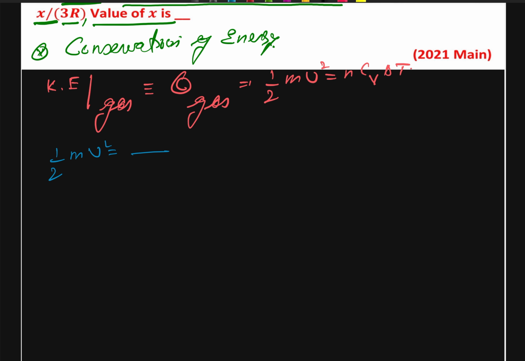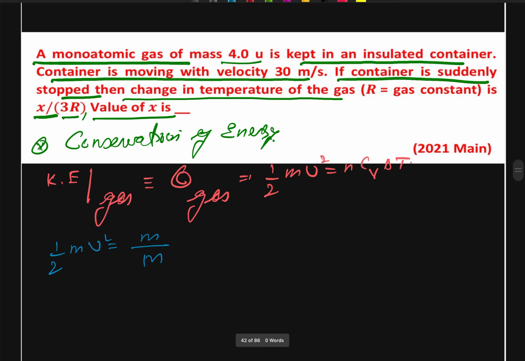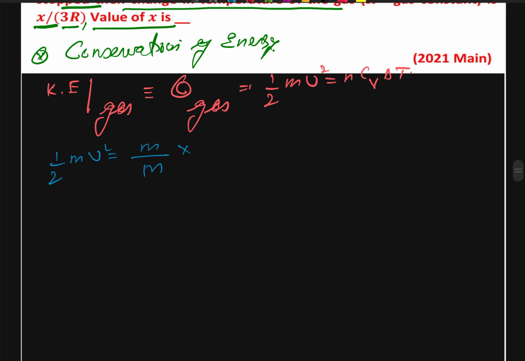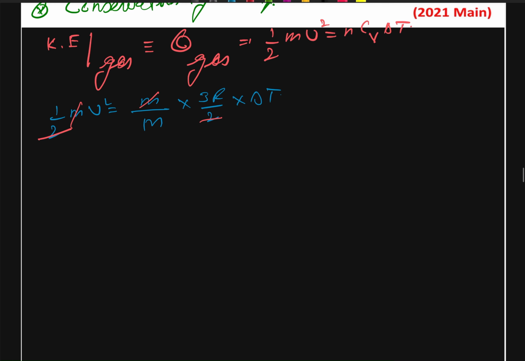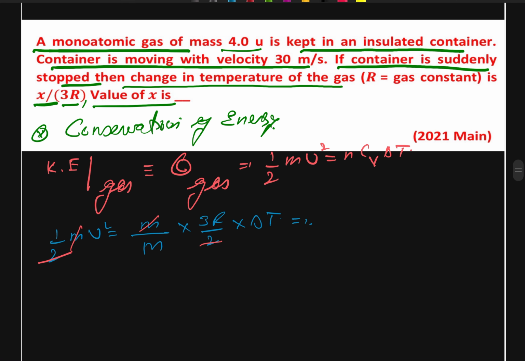Number of moles will be m divided by its molar mass, and C of V, this is monatomic, so it will be coming as 3R upon 2 times delta T. So the 2 and m cancel out, and capital M is given as 4, and the velocity is given as 30.